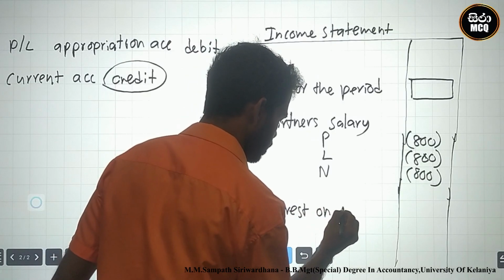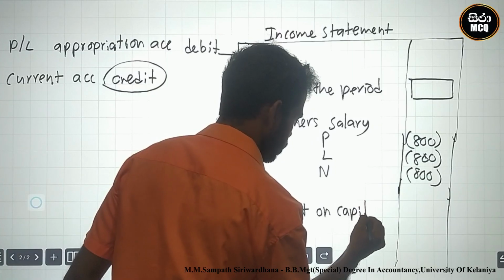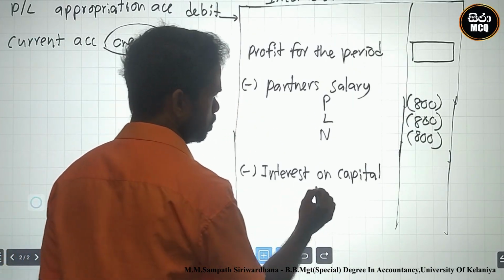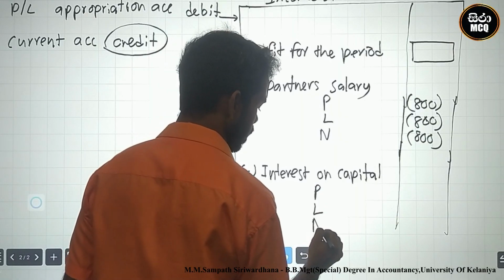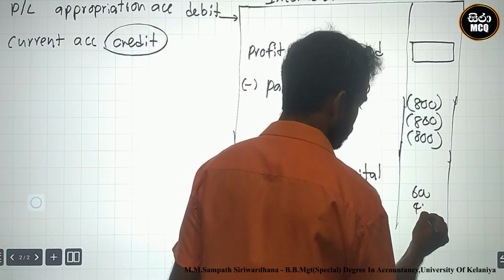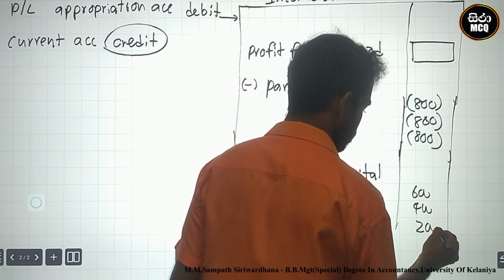Interest on capital for all partners, PL, Lal and Neil: 600, 400 and 200.